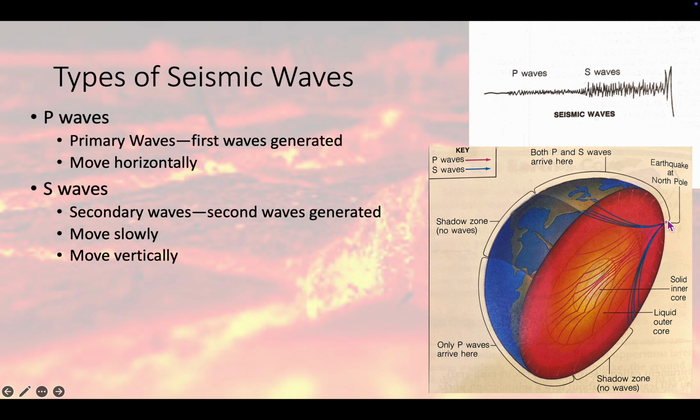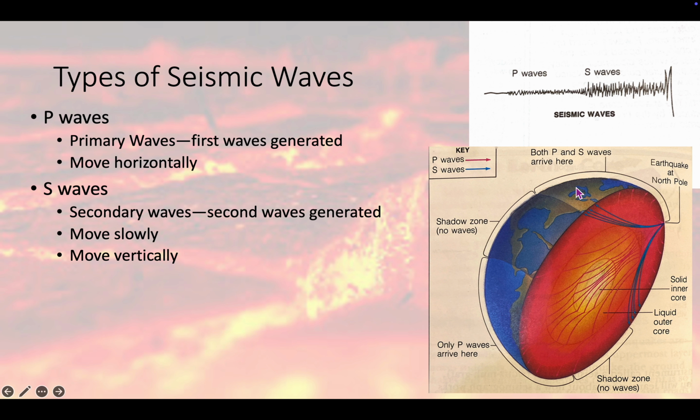If you look here, if there's an earthquake at the North Pole, those waves are going to end up arriving here and here. It changes with the core. So you'll notice these red lines. These red lines are our P waves attempting to go through, but notice the S waves cannot. The S waves, once they get so far, can't go into our core.